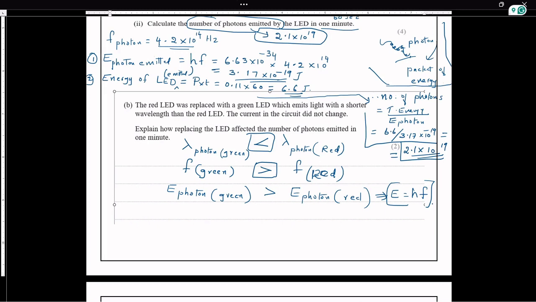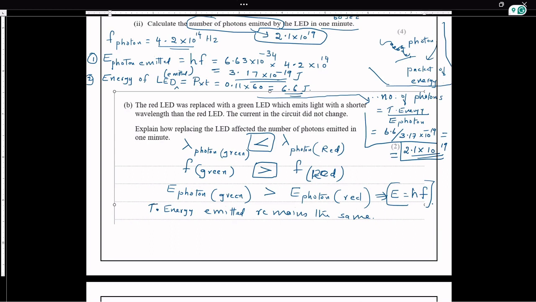Therefore, the number of photons, but see, it says that the current in the circuit did not change. That means the power is not changing. The total energy emitted by the LED is not changing. So I'm writing: total energy emitted remains the same.